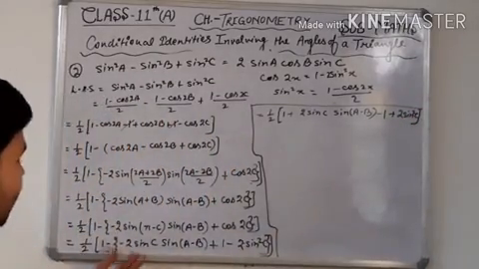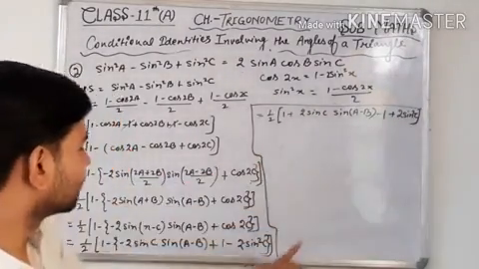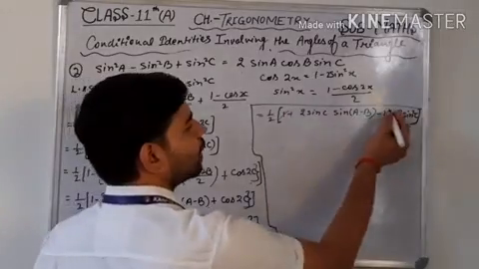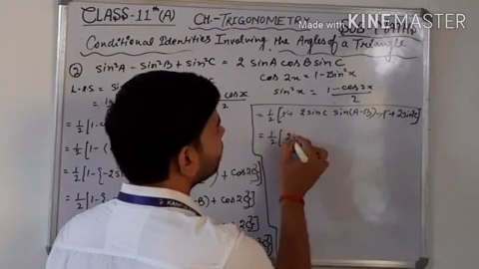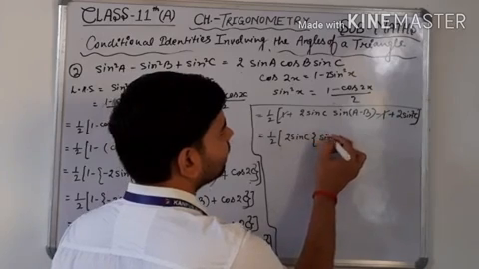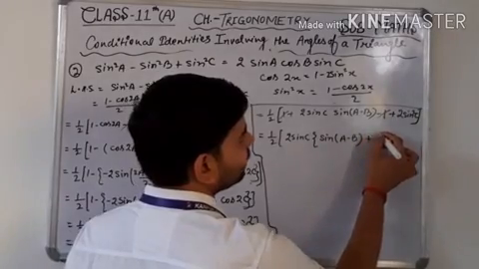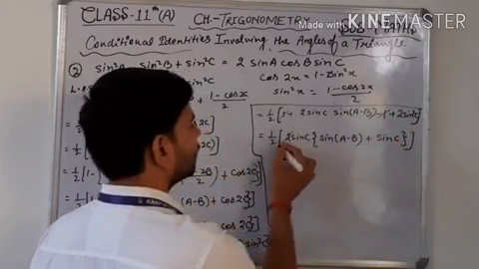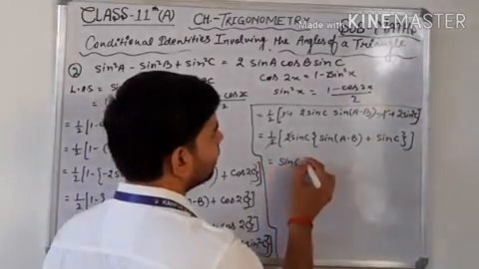When we multiply with this minus, minus becomes plus, this plus becomes minus, and this minus becomes plus. This is plus 1, this is minus 1, cancel out. 1 by 2, 2 sin c taken common, sin (a minus b) plus sin c. This 2 will cancel out, equal sin c.